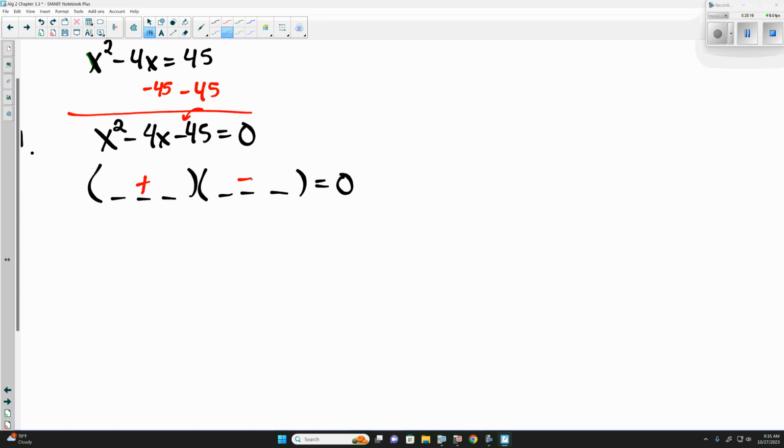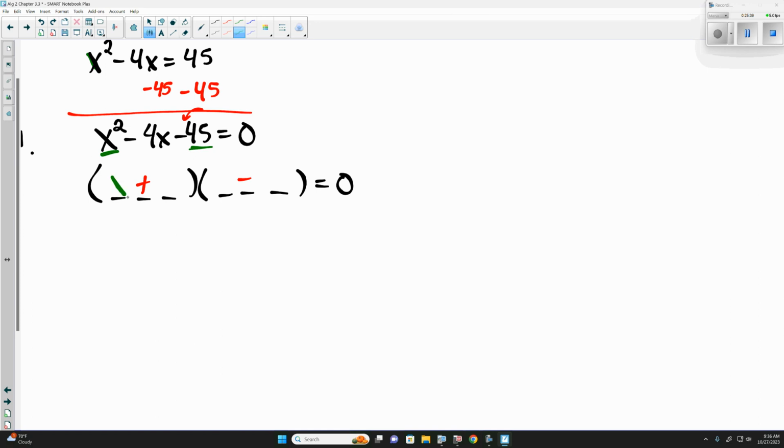One's positive, one's negative. If the third term is positive, signs are the same and match the sign of the middle term. First term is going to be our x squared term. The third term is really going to be our constant term, the term without a variable. So x squared is our first term, 45 is our third.